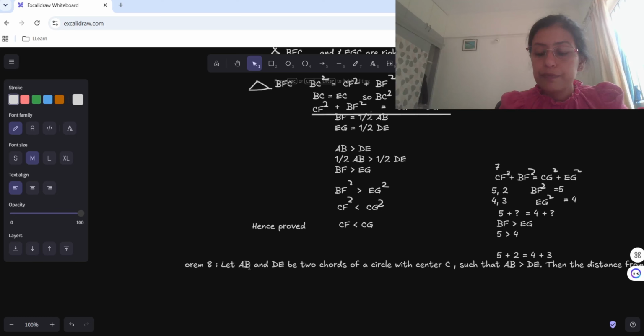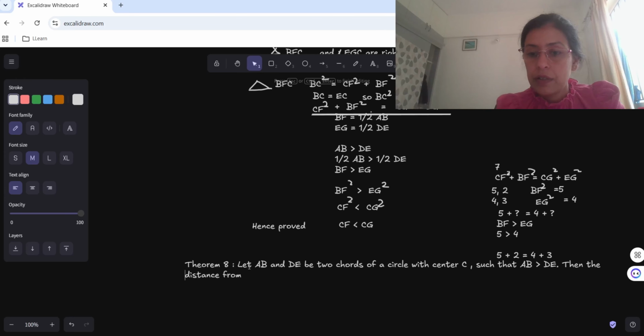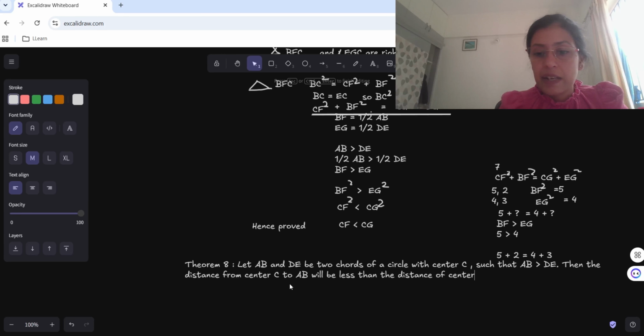Then the distance from center C to AB will be less than the distance of center C from DE. This is what we have proven, right?